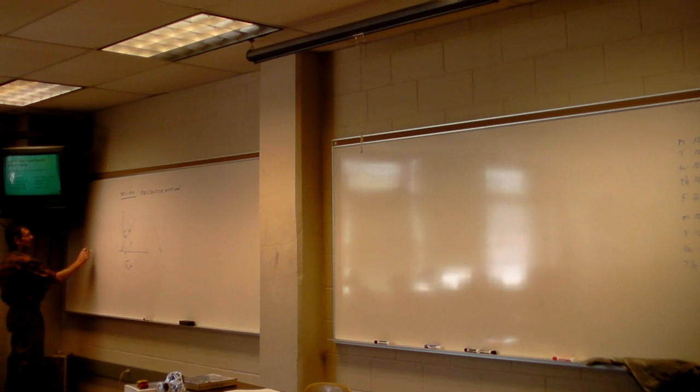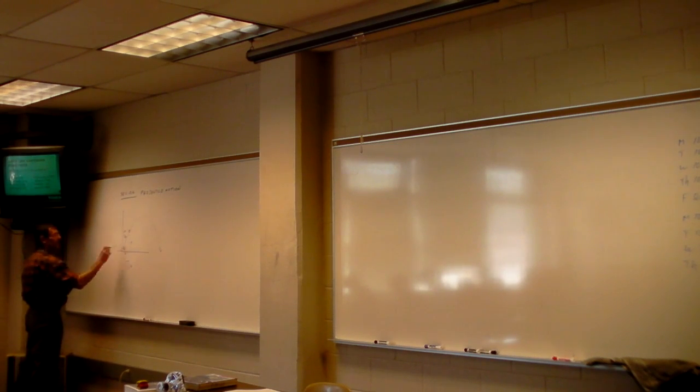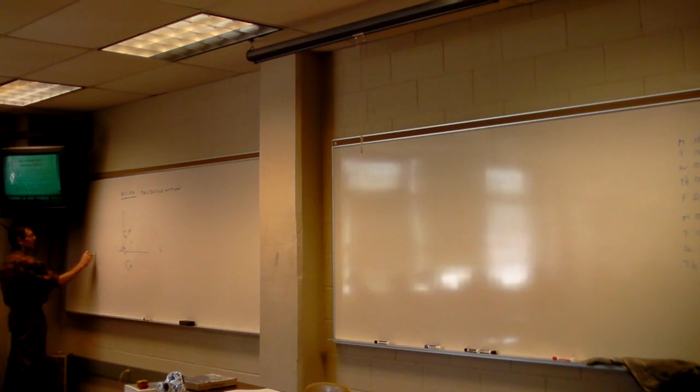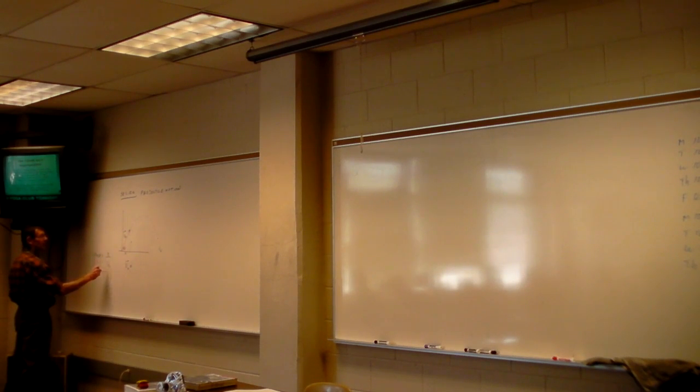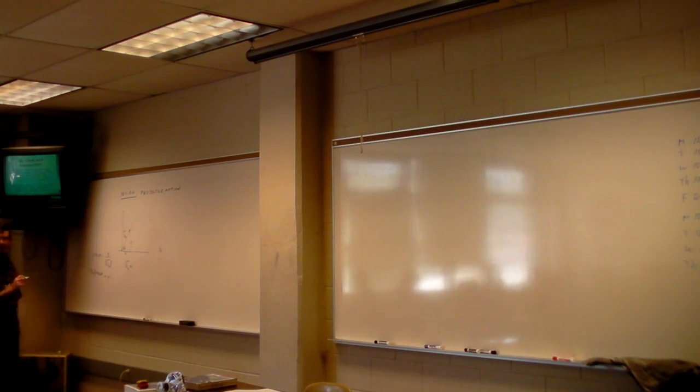Okay. All right. What is x? Think of the angle as theta. So the cosine of theta would be x over the magnitude of v sub naught. So x is equal to the magnitude of v sub naught times the cosine of theta.